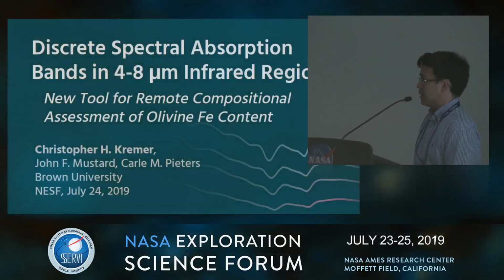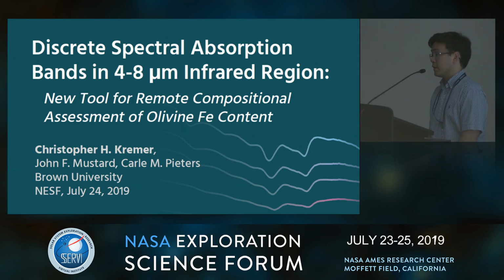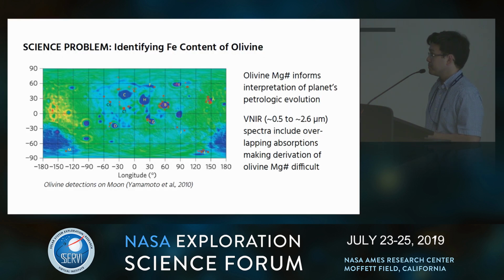Today I'm going to talk about some exciting possibilities for constraining the chemistry of olivine from spectra measured in a region of the infrared that for a while has remained fairly unexplored.